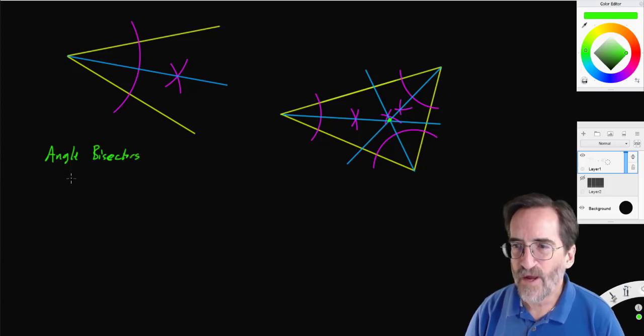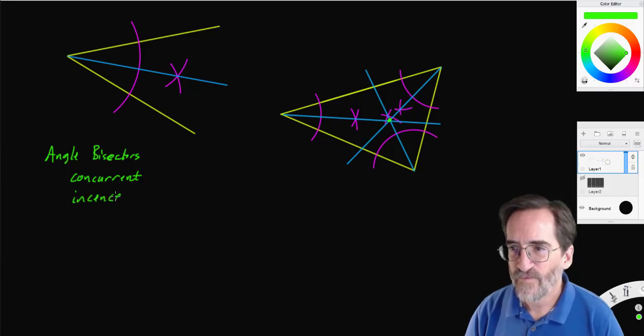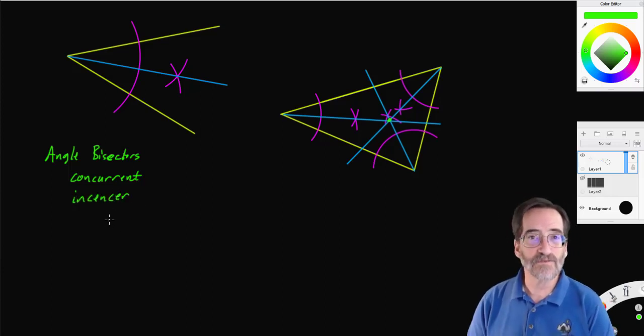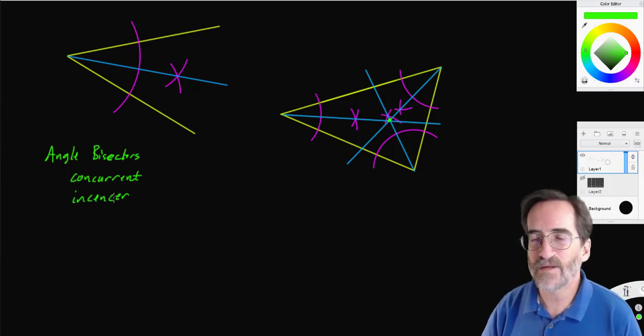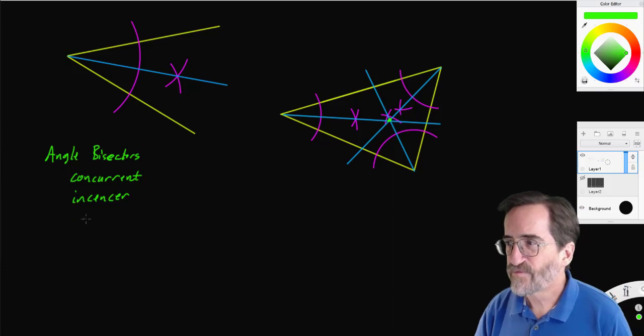So we started with angle bisectors. We discovered the angle bisectors are concurrent. We call the point of concurrency the in-center. The perpendicular bisectors form the circumcenter. These form the in-center. Okay.